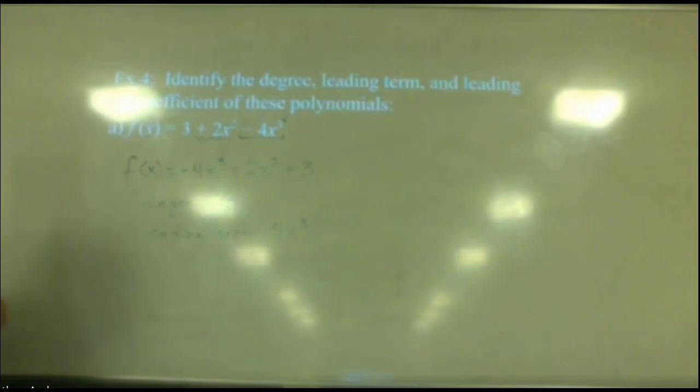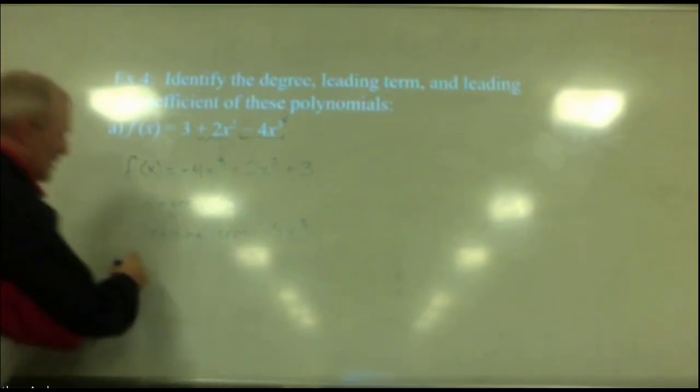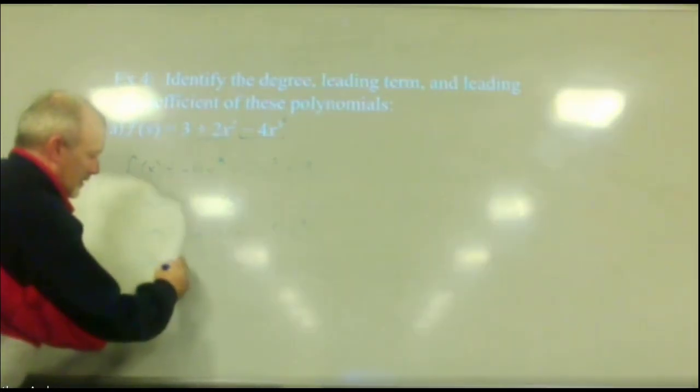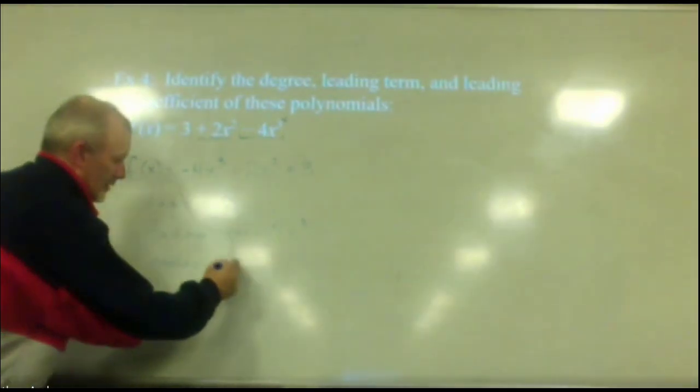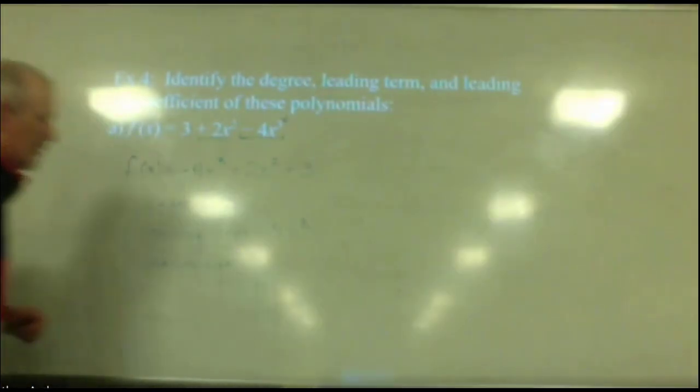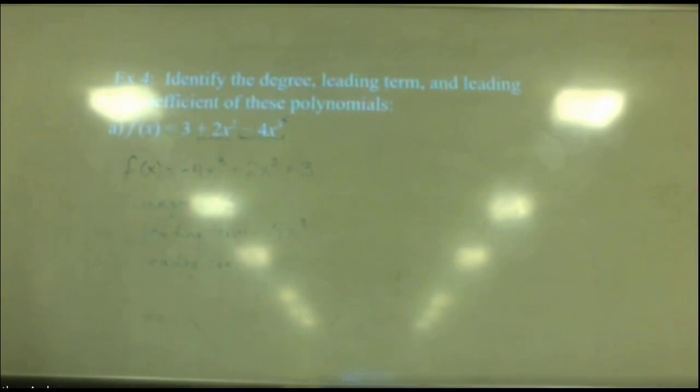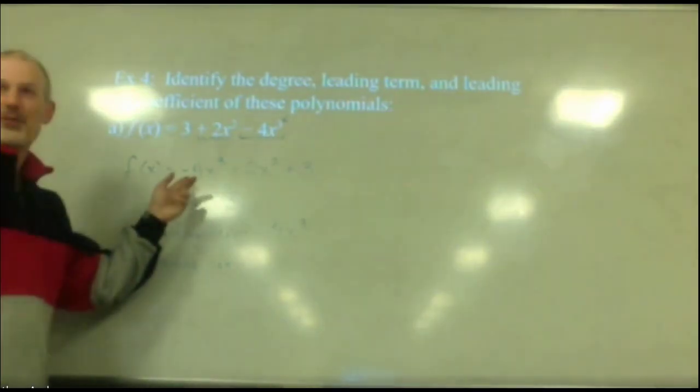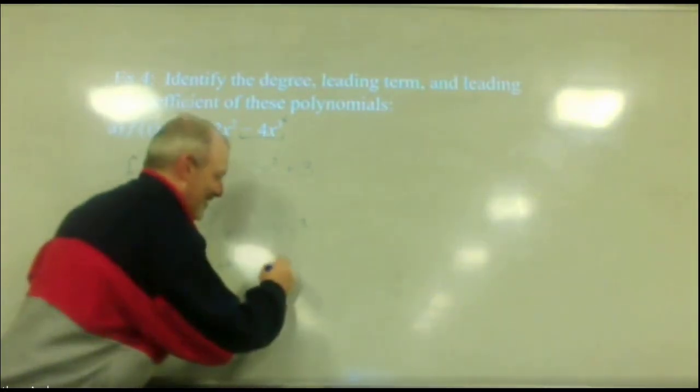Okay. And then finally, what is the leading coefficient? Now remember the leading coefficient is going to be part of the leading term. It's just the number part of the leading term. Oh, negative 4. It's going to be the negative 4. Okay?